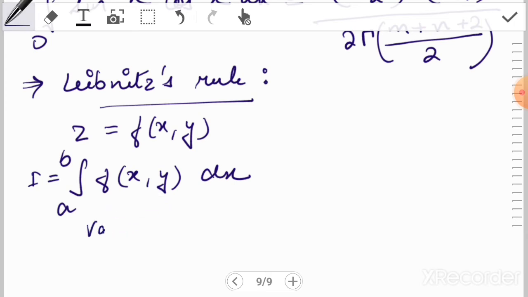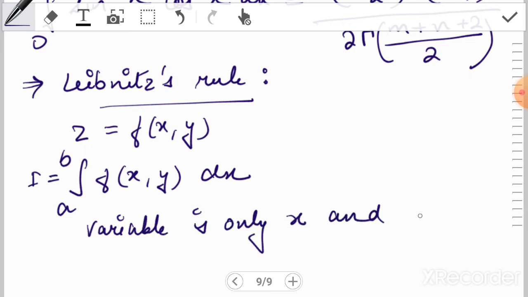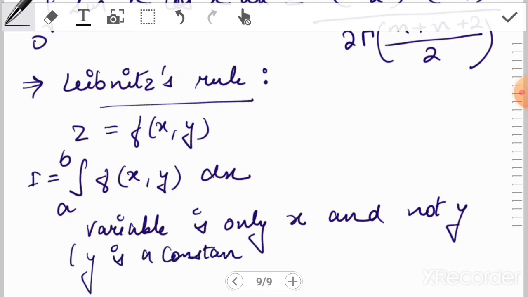The variable is only x and not y. y is a constant for the integration process.